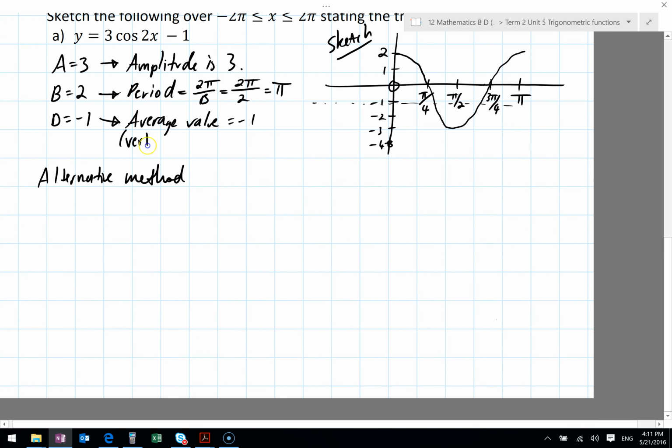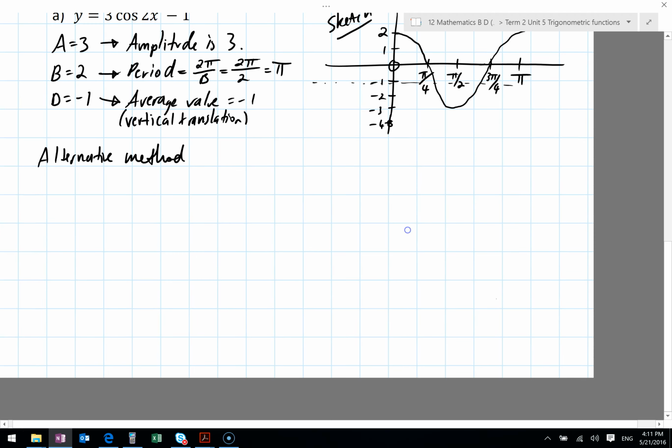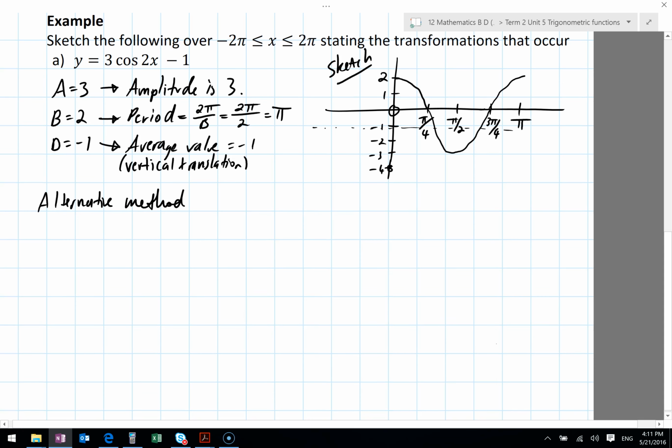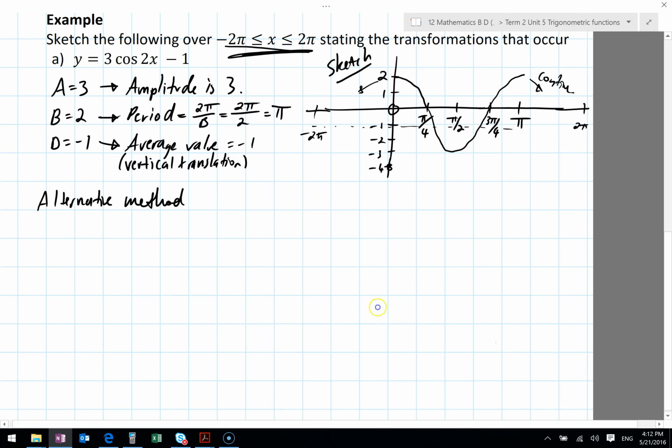Remember the D value was a vertical translation. Looking at this one, I forgot my domain was from -2 pi to 2 pi. So you'd need to go out to 2 pi and back out to -2 pi and continue the pattern in both directions. You'd obviously need to show that.